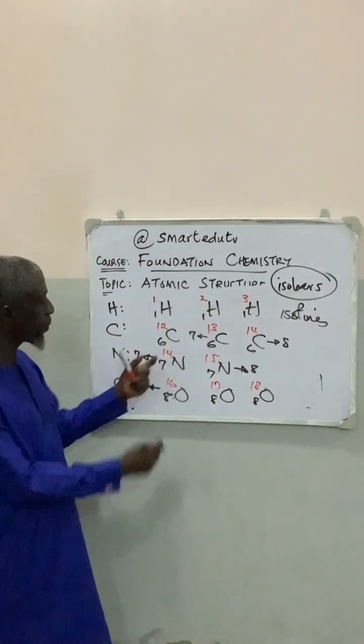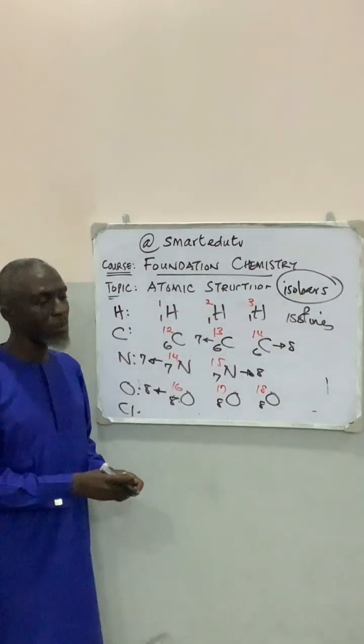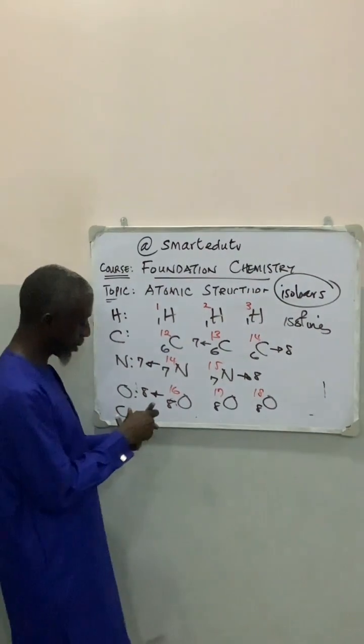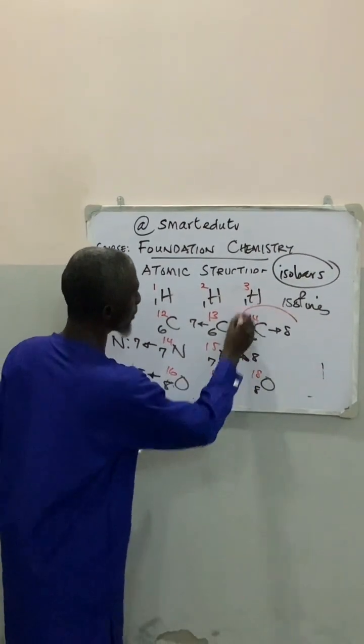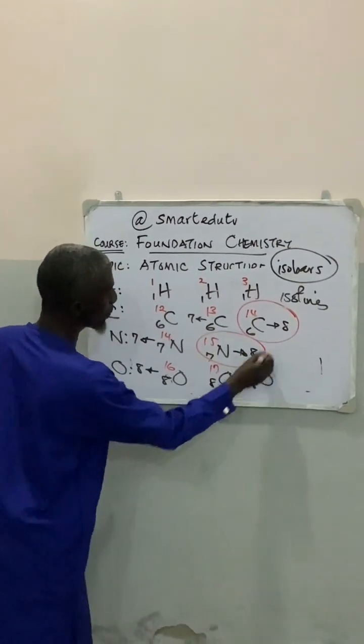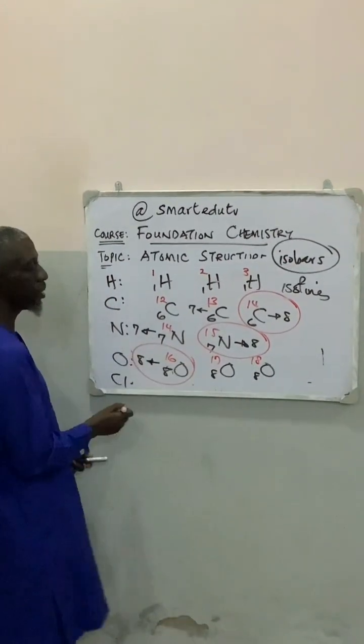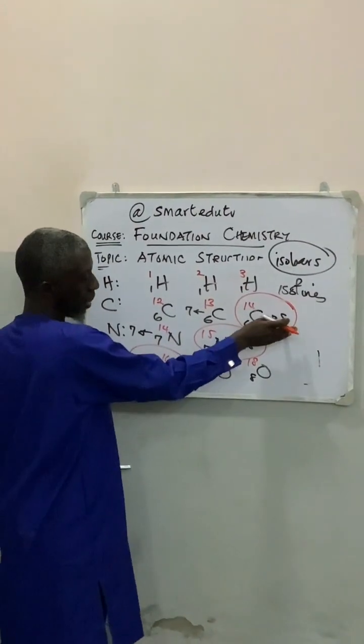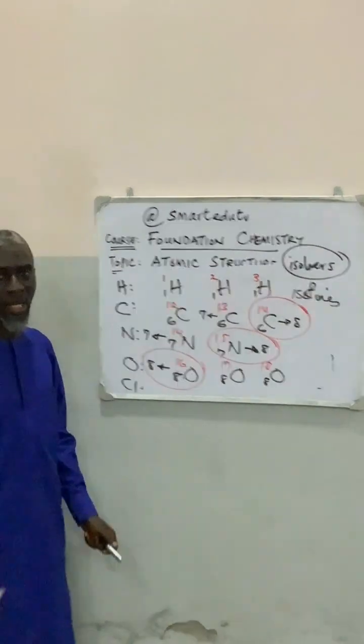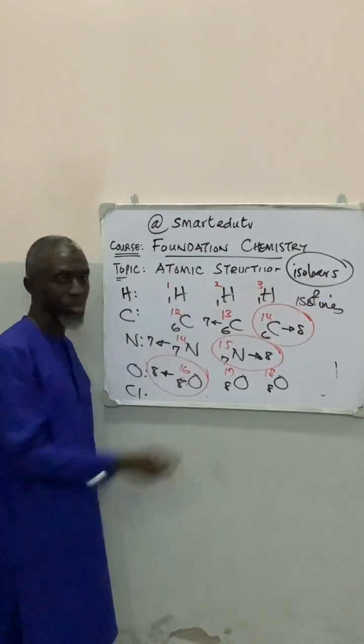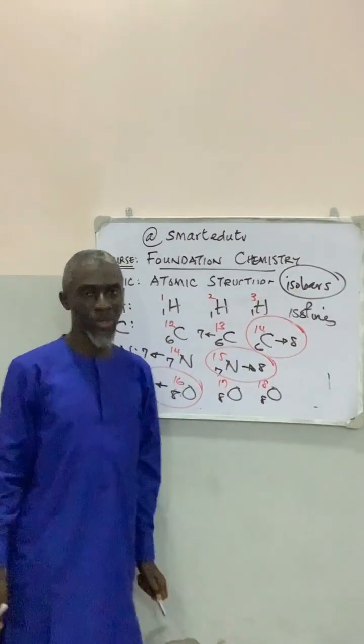So, which different elements have the same neutron number? We can see that carbon 14, nitrogen 15, and oxygen 16 have same neutron number, yet they belong to different elements. So they are called isotones.